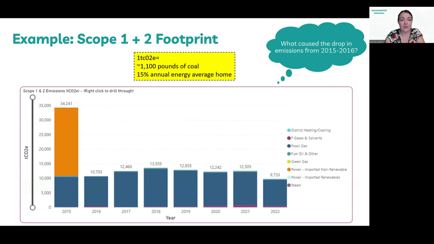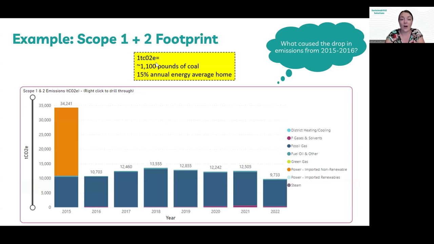Here's an example of, again, a real life business. This is their scope 1 and 2 footprint, going back from 2022 to 2015. In 2015, this organization's total scope 1 and 2 emissions was just over 34,000 tons of CO2 equivalent.